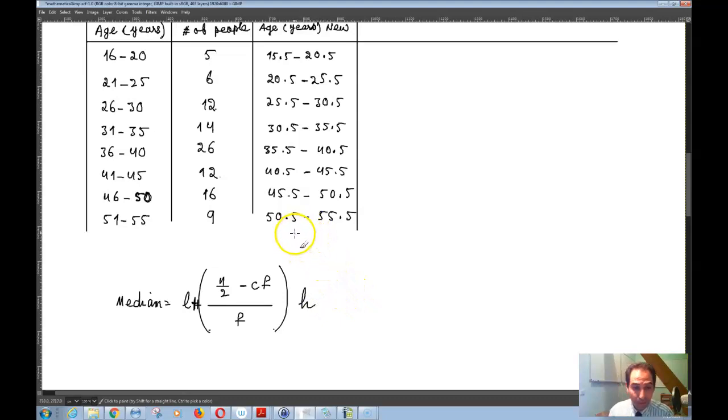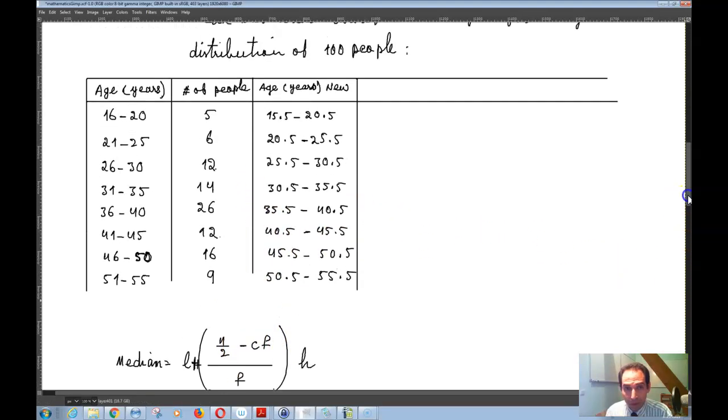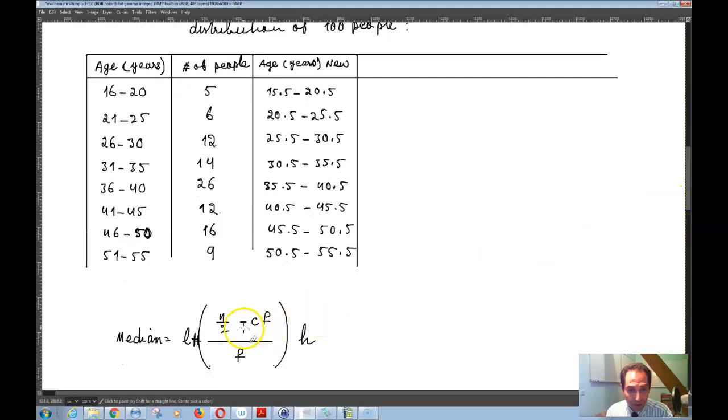So what I need is the cumulative frequency of these classes, and also I need n divided by 2 to find the median class. Now over here n is sigma f of i. This is your f of i.